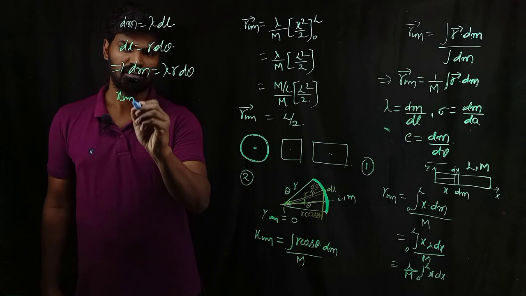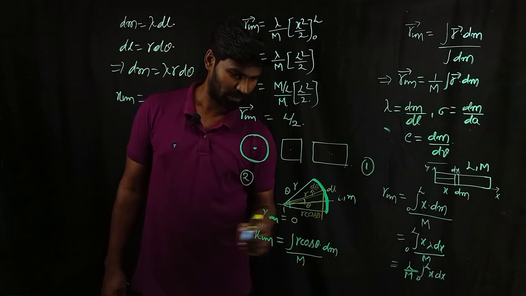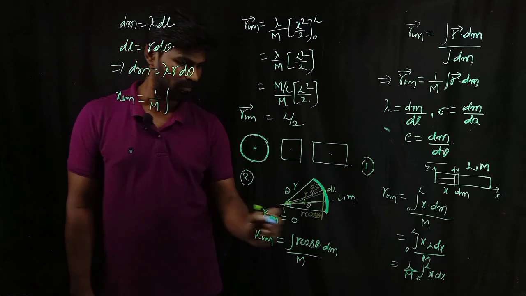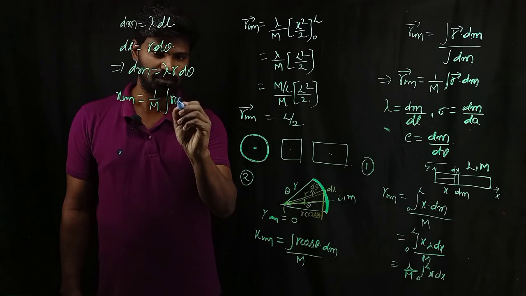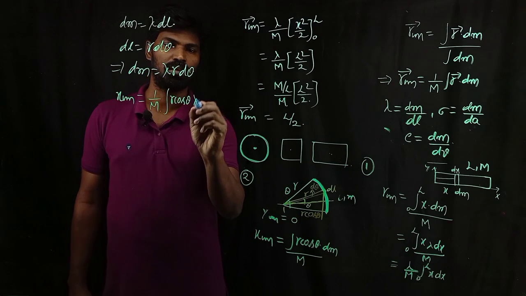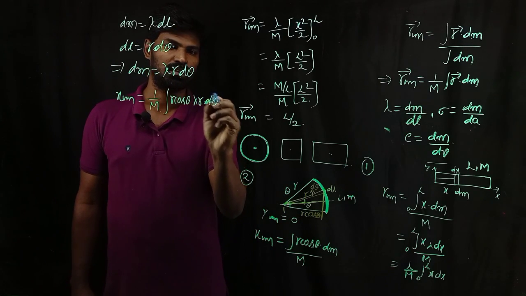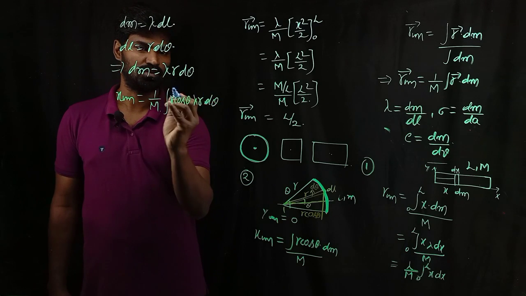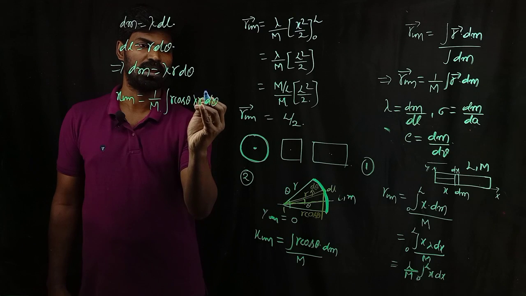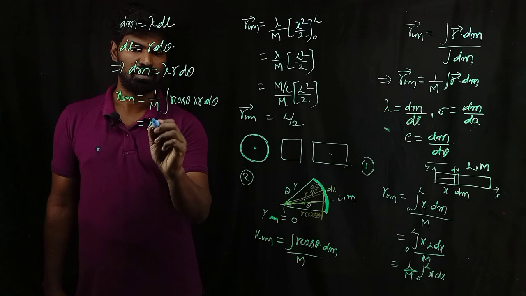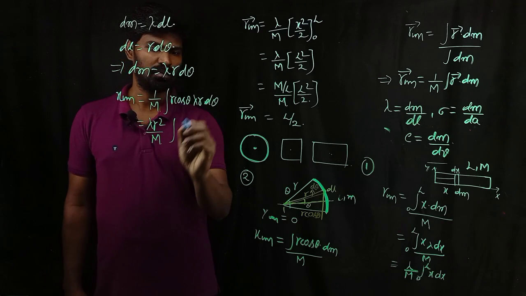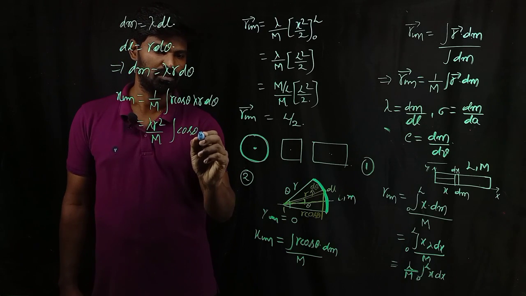Therefore x center of mass is equal to 1 divided by capital M into the integral of r cos theta into lambda r d theta. So r into r is r square. As the integration is with respect to theta, I can pull lambda and r square outside: lambda r square divided by capital M into the integral of cos theta d theta.